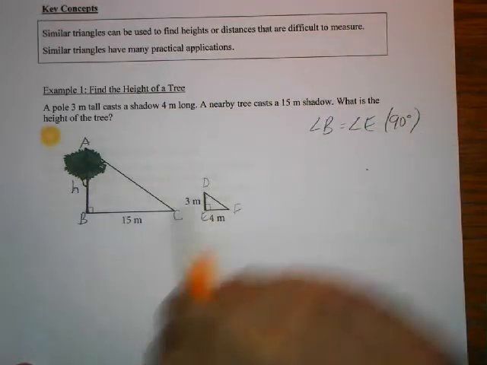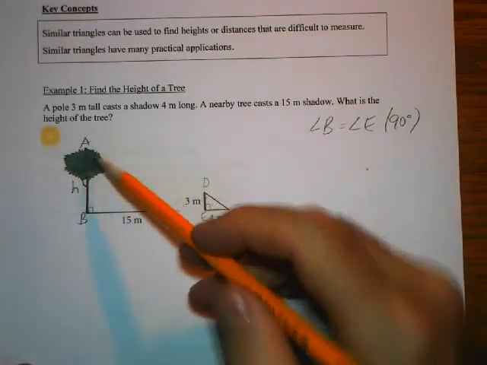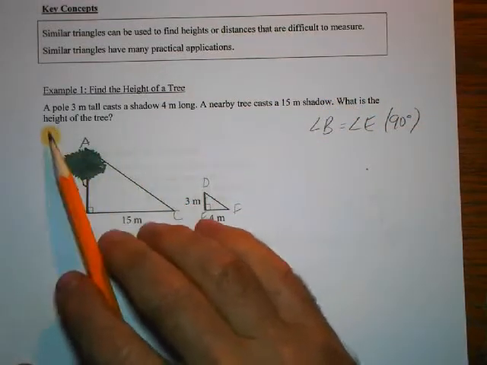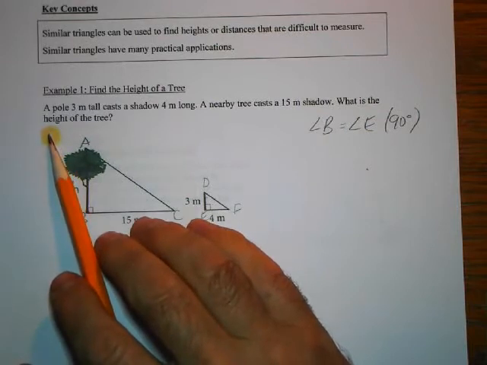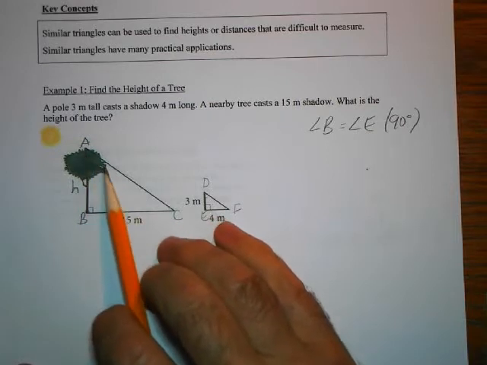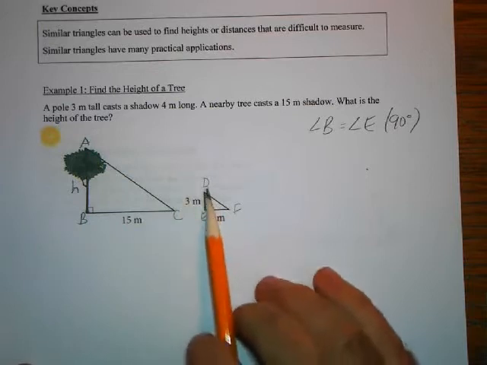That's given to us. Now the second one is the one that maybe you knew this, maybe you didn't, but because this is obviously not to scale, the sun is a lot farther away than that. So basically, any angle that the sun casts on the Earth will be the same angle.